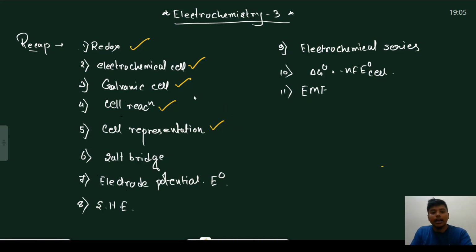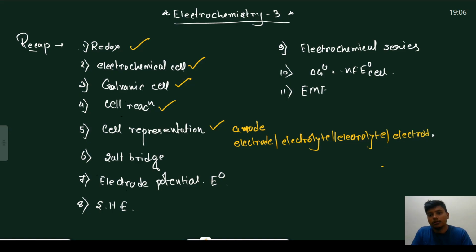I told you how to represent a cell: the anode, the electrode, then a single line, then the electrolyte, then the salt bridge, and then again the electrolyte, and then the electrode.